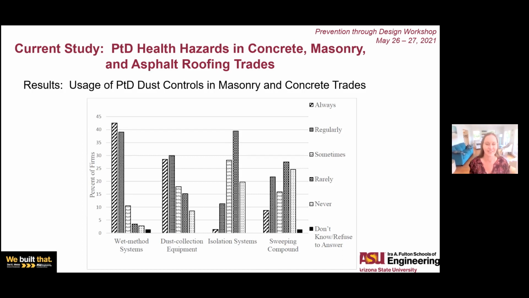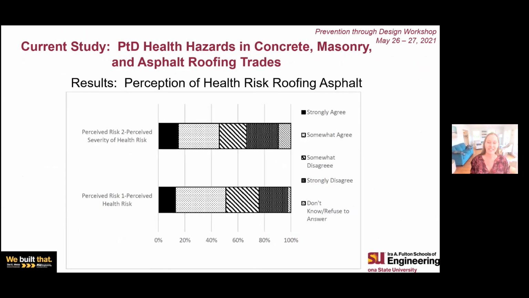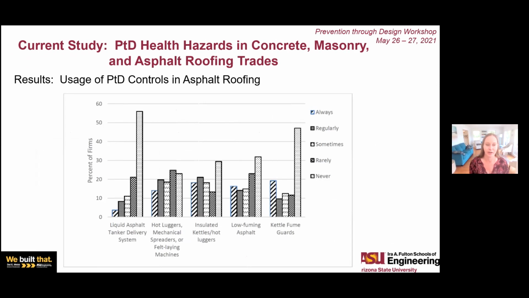Again, not very surprising. Then we get to the roofing asphalt, and we have, again, the same health risk questions, but we have fewer respondents perceiving that their workers will become ill and perceiving that it will be a severe health outcome from exposure. So we have some work to do there to educate on the health risks involved. Then we have the usage information on these different systems.